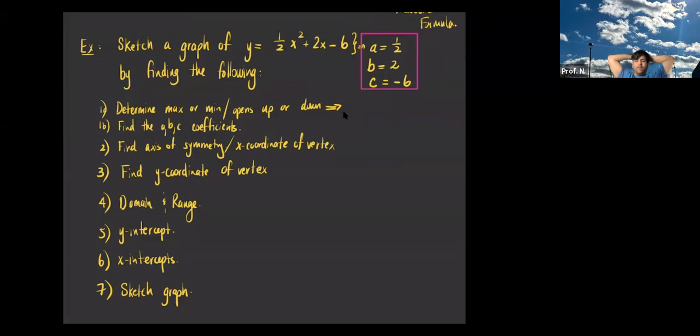Anybody out there? How do we determine whether we have a max or a min with our parabola?